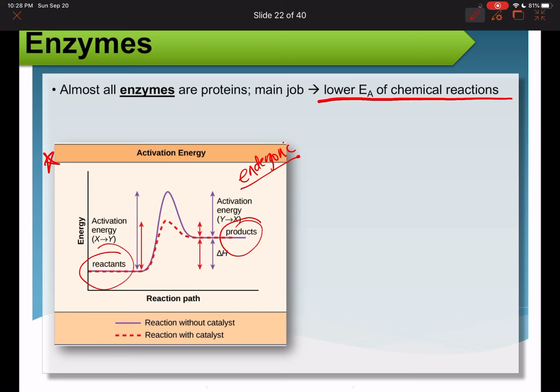The original reaction is this purple line right here, going from reactant, a huge hill to climb before you get to your product. So the activation energy always goes from where your energy value is of the reactant to the top of the hill. Okay, so this right here represents the activation energy without an enzyme.